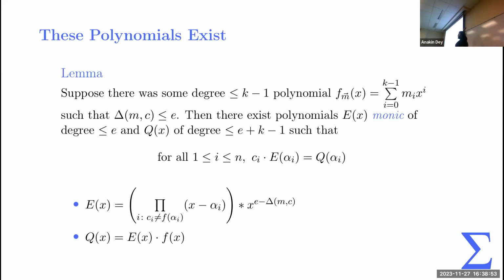Oh, C was the code word that we had originally. We have the code word and we want to find the original message associated that mapped to that code word. But C might have errors. So it's the encoding of M versus the code word with errors.